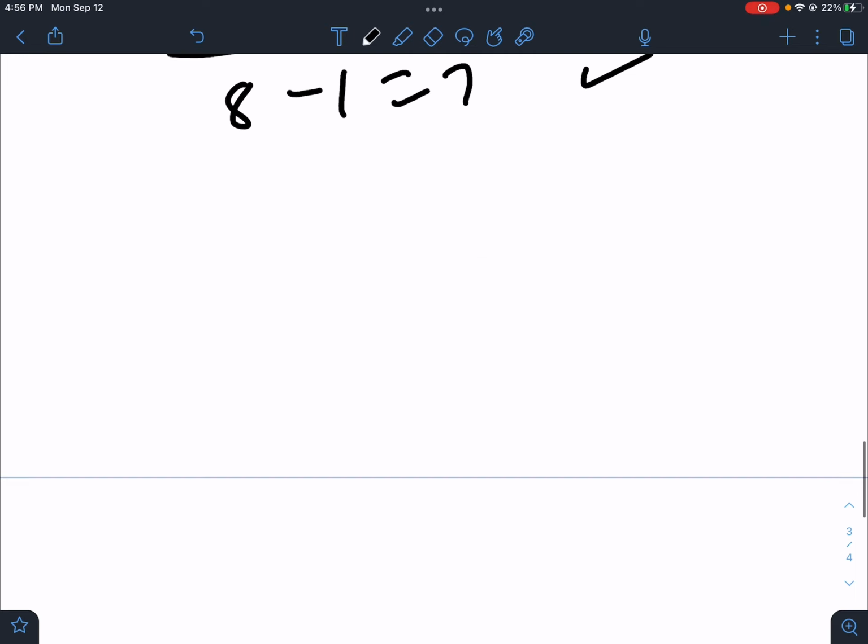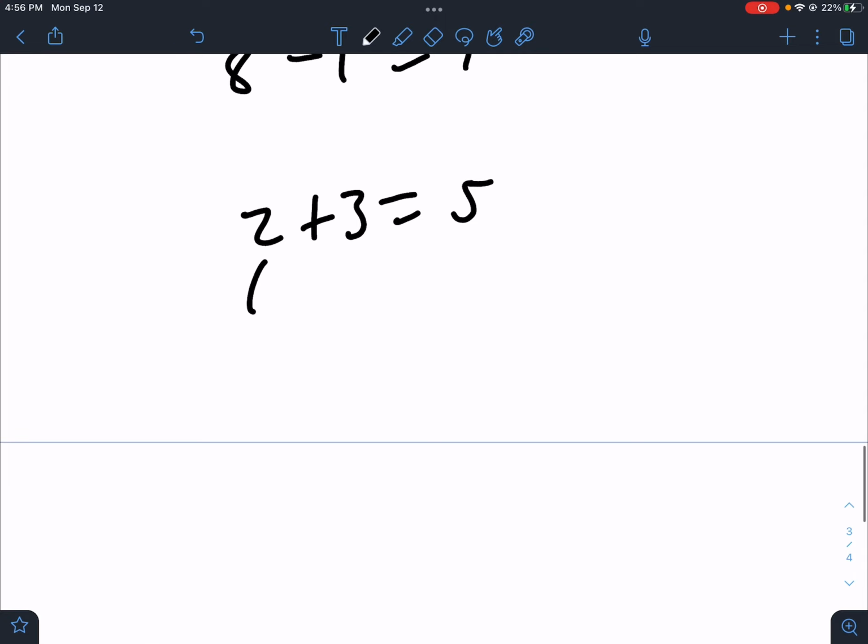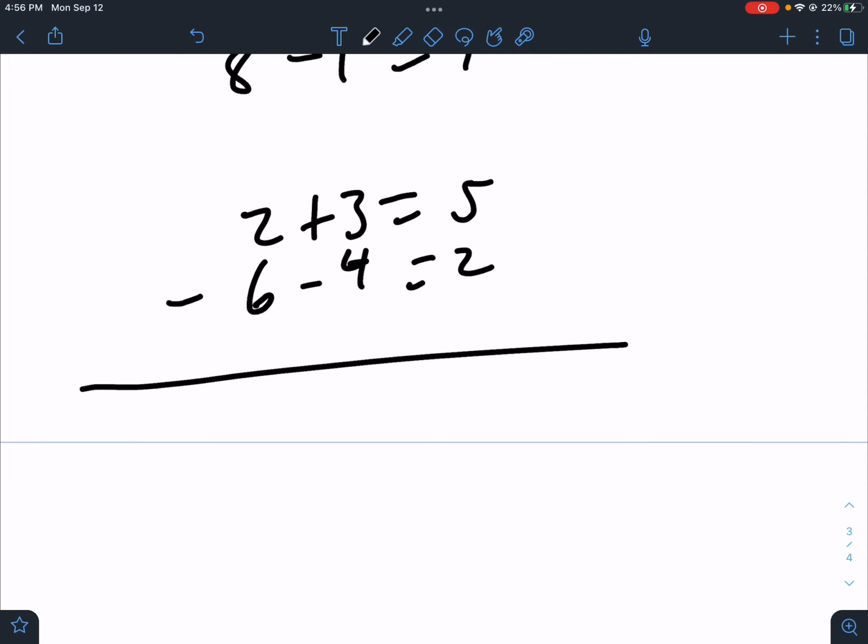I could also subtract. If I said 2 plus 3 equals 5 and 6 minus 4 equals 2, I could subtract. Now, subtracting is a little harder because we have to subtract the whole thing. Remember, I told you guys subtracting is the same thing as adding the opposites. And that's a really easy way to do it. Add the opposite is the same thing as subtracting.